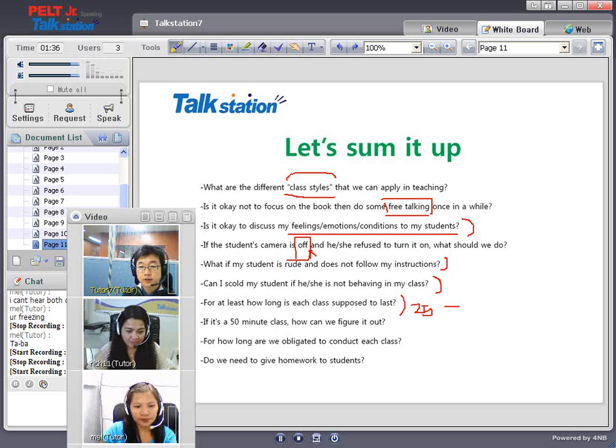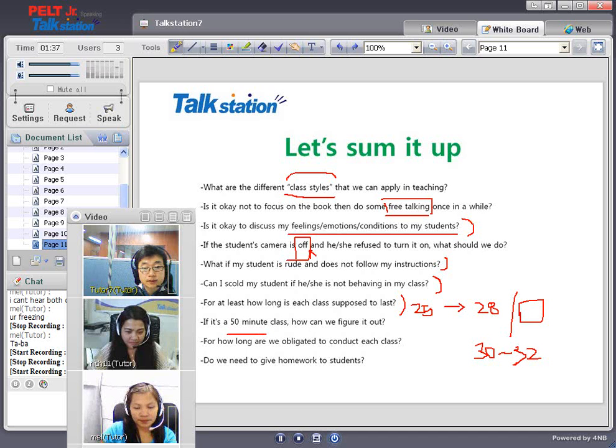Each class should last at least 25 minutes. And maybe you can extend it to 28 minutes if there's another class in a row. But if that is not the case, I guess we can extend it to 30 or 32 minutes if there's no class planned right after that class.